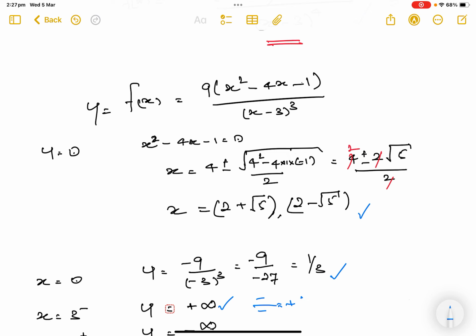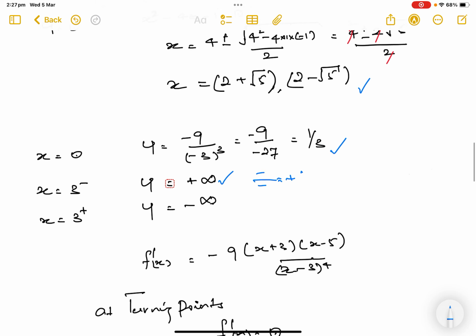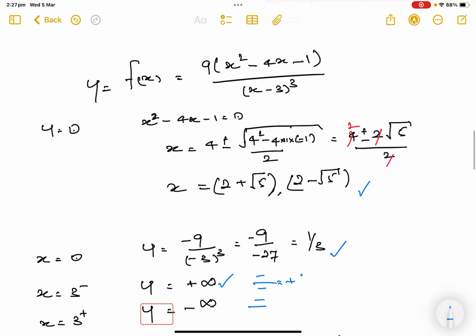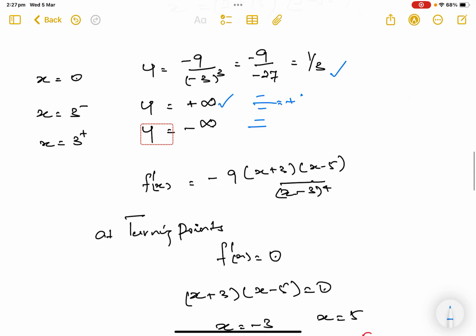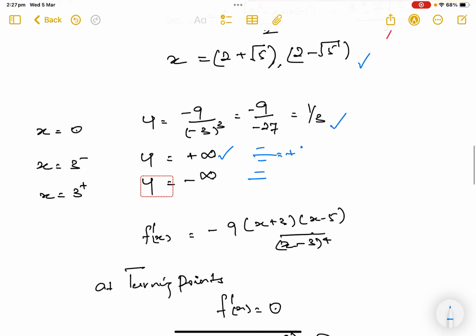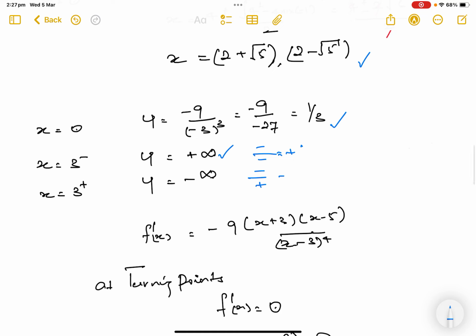So 16 minus 16 cancels out, minus 1. So it's minus on the top, and at the bottom 4 minus 3 is 1, which is positive. So negative over positive equals negative, therefore it's minus infinity.